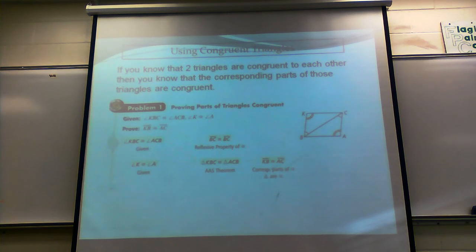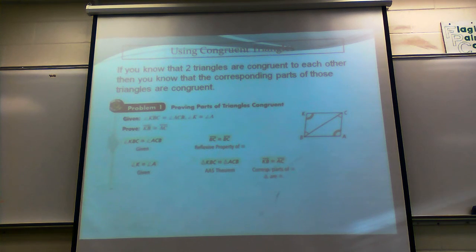Essentially what this is, is taking 2 things that you know are congruent and proving that they're congruent, and then saying, look, I know these 2 shapes, and for us it's just going to be triangles. I know these 2 triangles are congruent, so that means that every single part that corresponds to each other has to be the same.